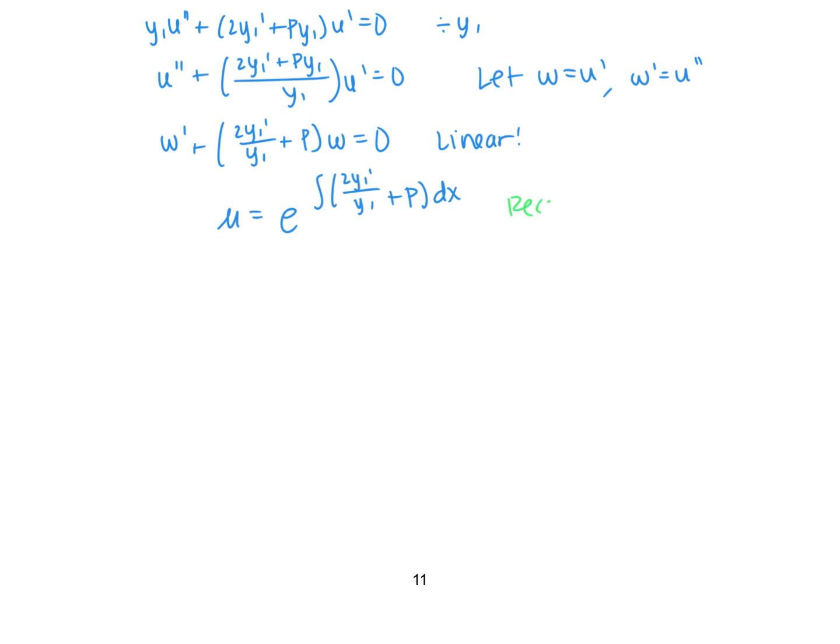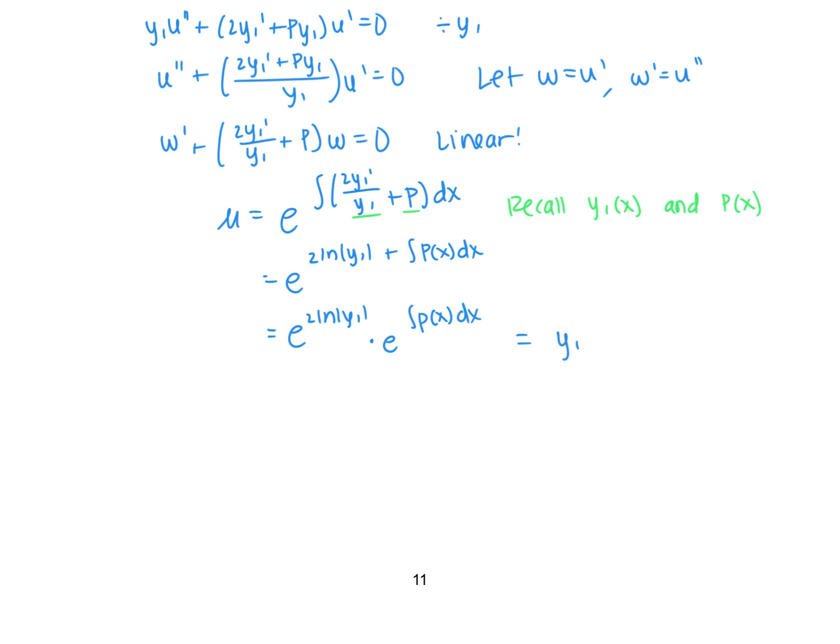Recall that y1 is a function of x and that p is a function of x, so we need to recall that when we integrate. This will become e to the 2 natural log of y1, add the integral of p of x dx, which is really e to the 2 natural log of y1 multiplied by e to the integral of p of x dx, which ends up being y1 squared e to the integral of p of x dx.